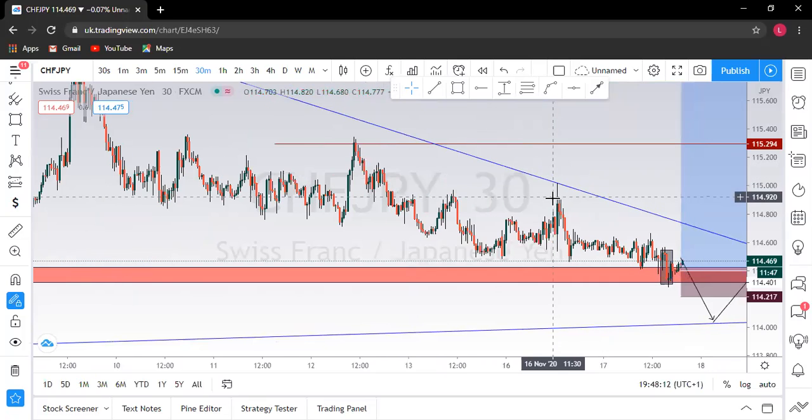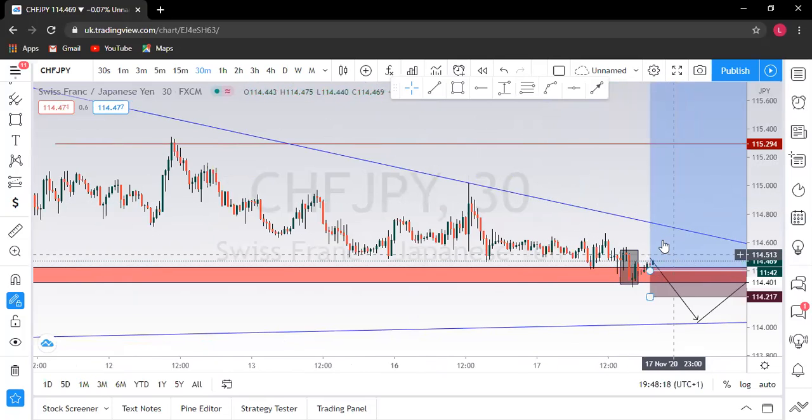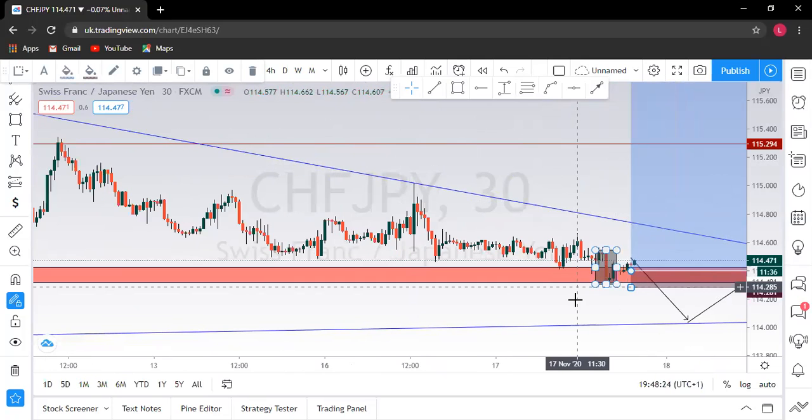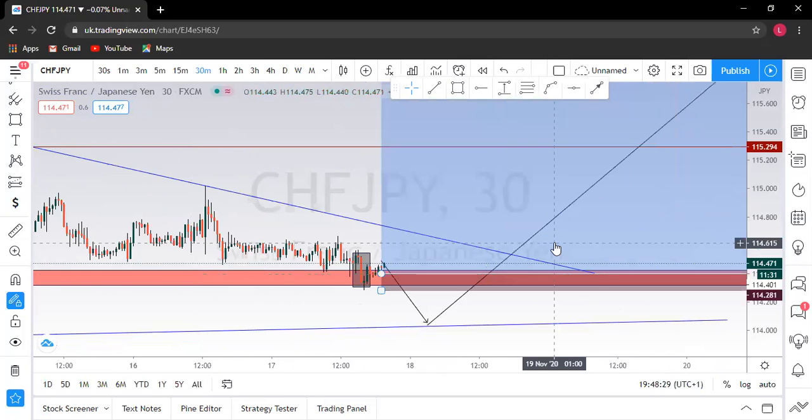So CHFJPY is going to buy, and this is actually a live pass. You can just make your stop loss a little bit below this candle. Can you see that we've reduced our stop loss gradually because we are able to scale into a lower time frame?